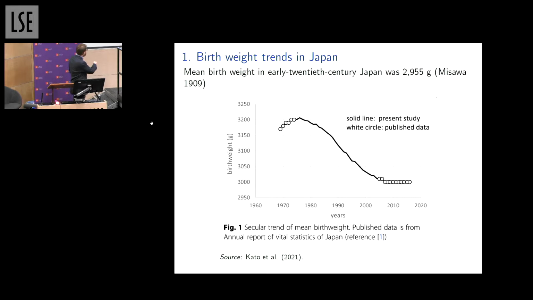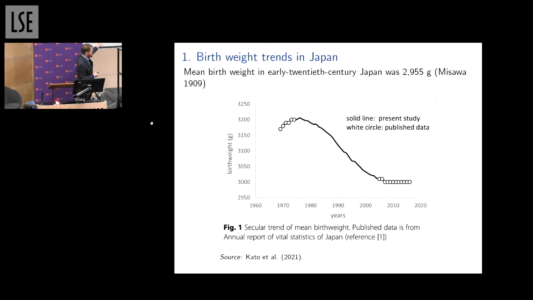So somewhere down here. That suggests there's a huge increase of about 250 grams in the average birth weight of Japanese children between the early 20th century and the mid 20th century, okay? And so that may be how Japan was able to go from such a high level of stunting to eradicate it almost completely. That is the period in which Japan experienced its stunting decline.